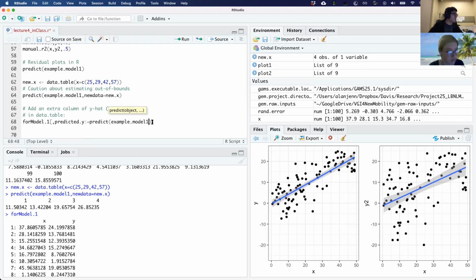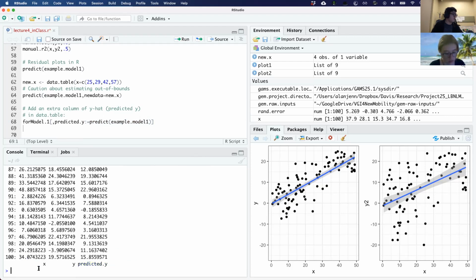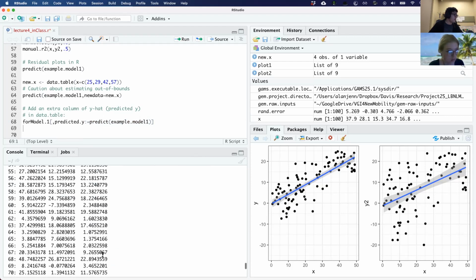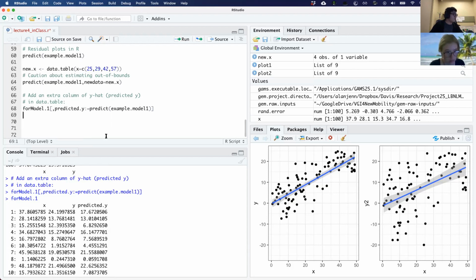And so this part of it is just what we were talking about in line 60, where we're generating the predictions from our first model. And this colon equals is essentially like the arrow sign. It's an assignment operator. And if I do this, you'll see the predicted values here.